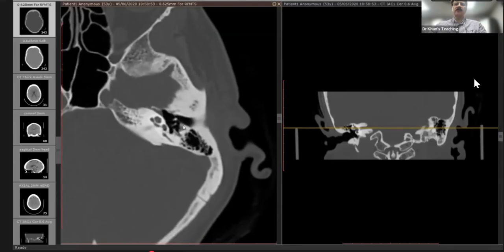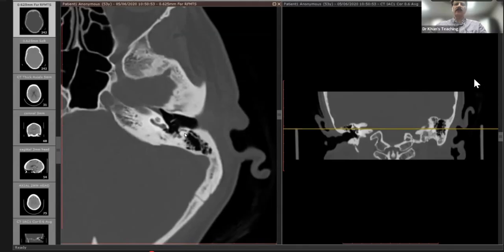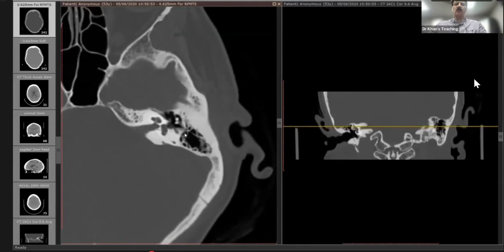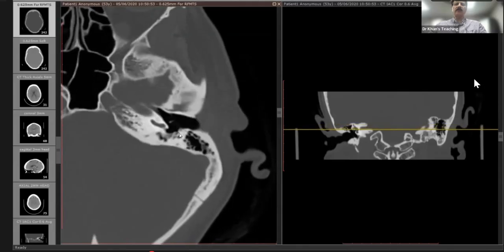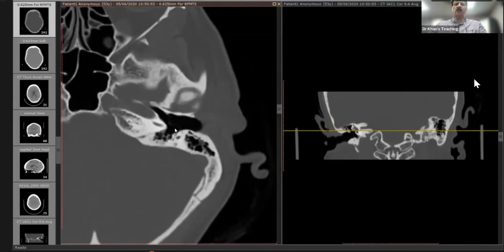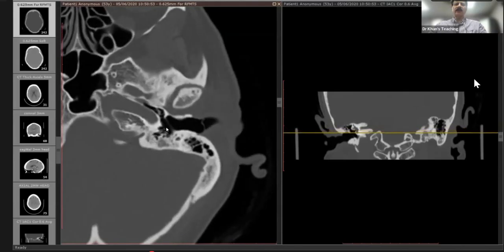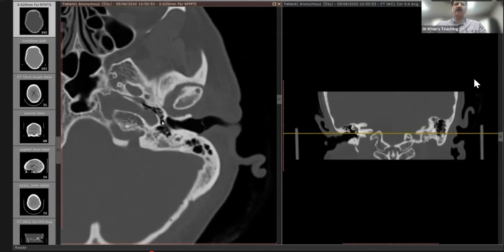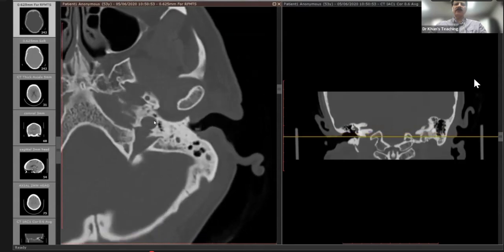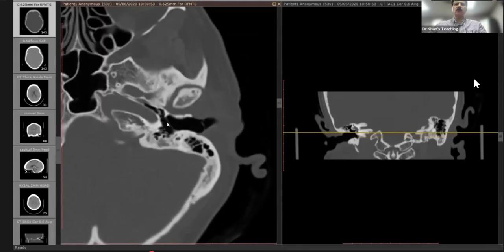And you can see the tympanic membrane here. You can see the external auditory canal. And as I go further inferiorly, I am going to go into other structures. So I'm going inferiorly. And here, one area of interest is inferiorly. This is the jugular foramen.